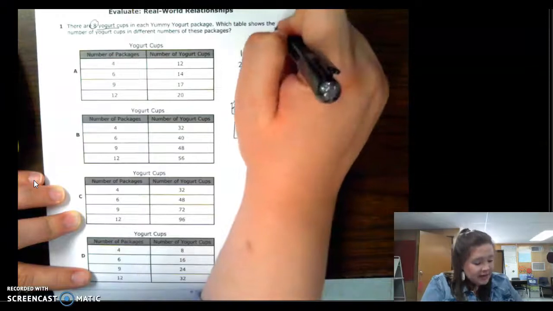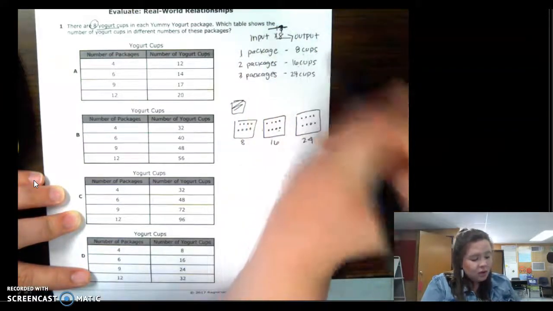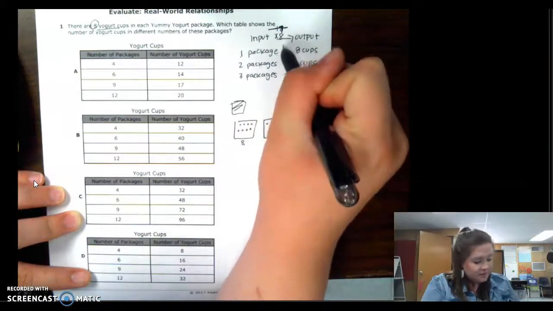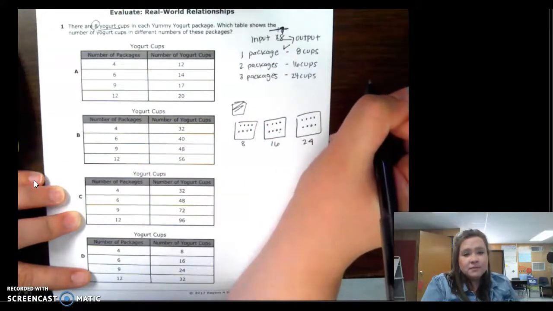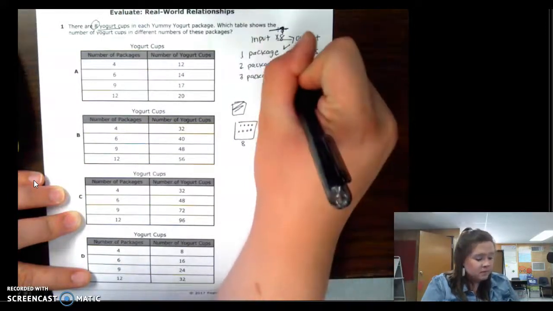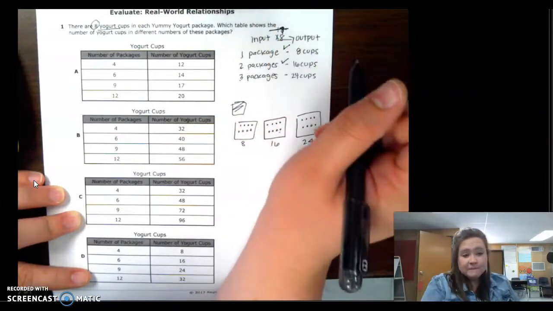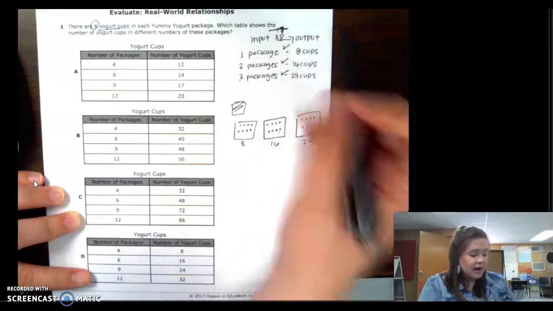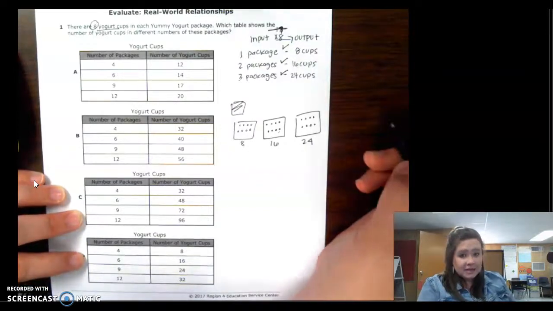No, 2 plus 7 does not equal 16, so that can't be it. Does 1 times 8 equal 8? Good. Does 2 times 8 equal 16? Good. Does 3 times 8 equal 24? Good, it does. Okay, so our rule is we are multiplying by 8.